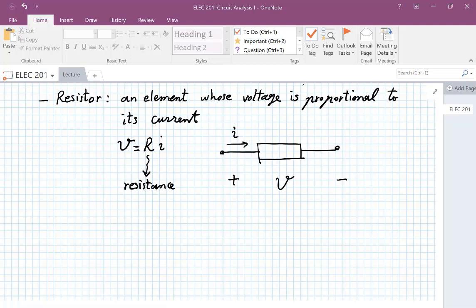How many coulombs per unit time go through a cross section of your wire or your resistor is the current. So current is the rate of passage of charge, and its unit is coulombs per second in the international system. And there's a name for that: amps, right? Amperes. So the unit of current is amps.